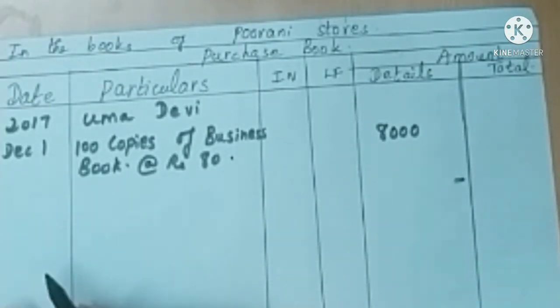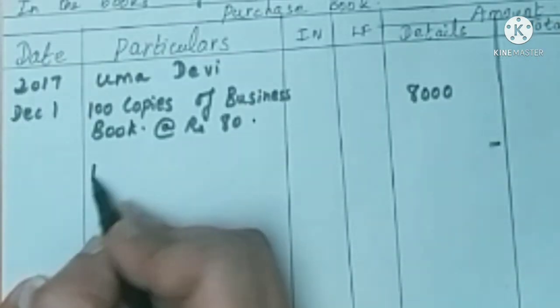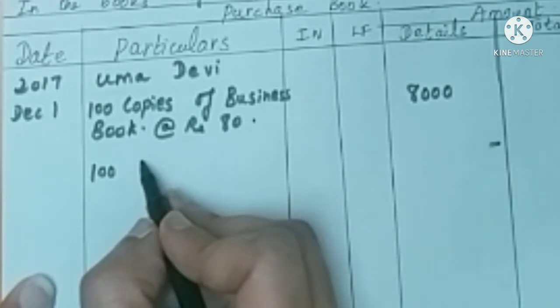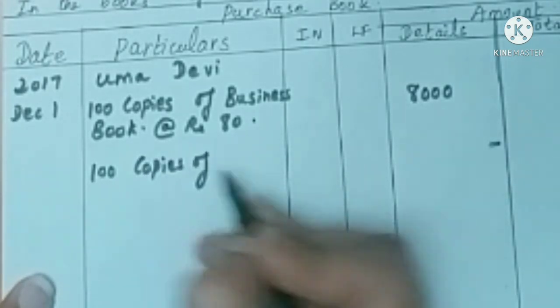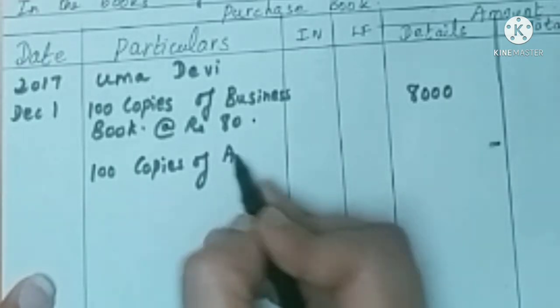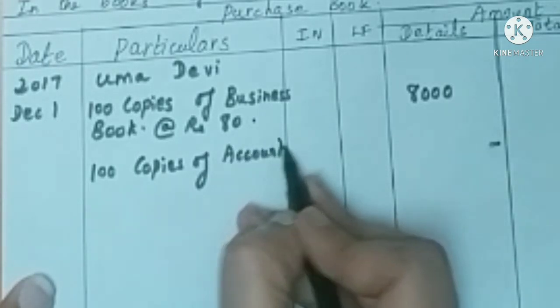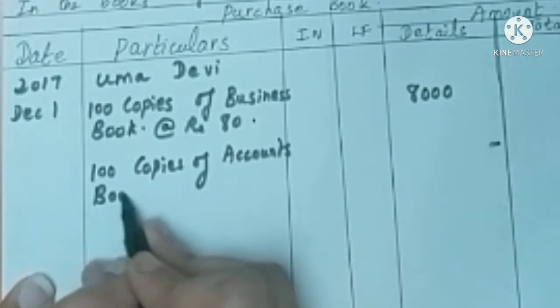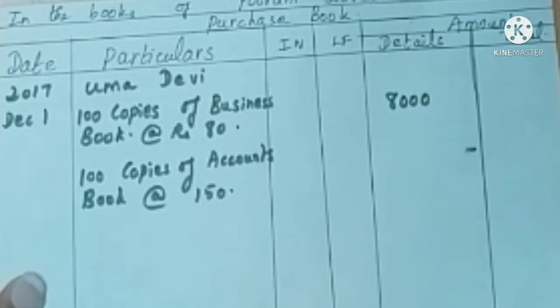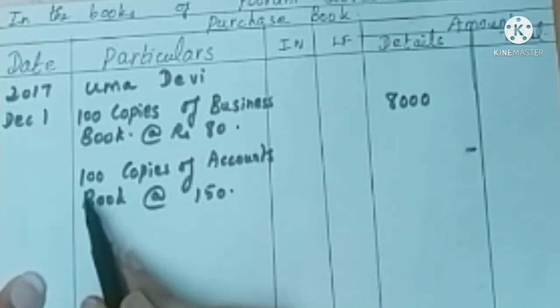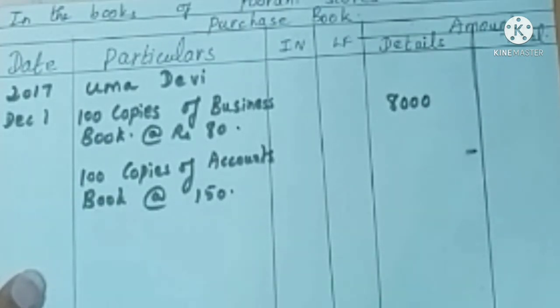Then 100 copies of accountancy book at rupees 150. So 150 into 100 is rupees 15,000.